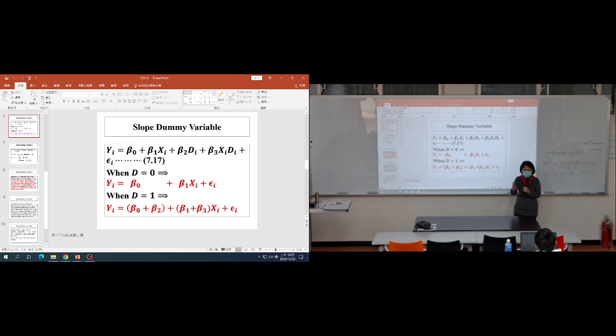There must be a reason from theory. So I do these interaction terms, and then it really turns out a different story. It means that D is not only an intercept dummy, but also a slope dummy, because it affects the slope. Any examples for that?